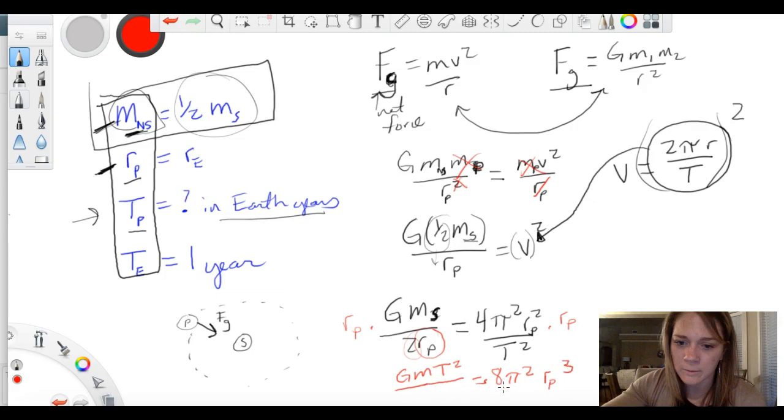Okay, so I have everything in the numerator. I have everything on top. So I can see gm, mass of the sun, t squared is equal to 8 pi squared r cubed.